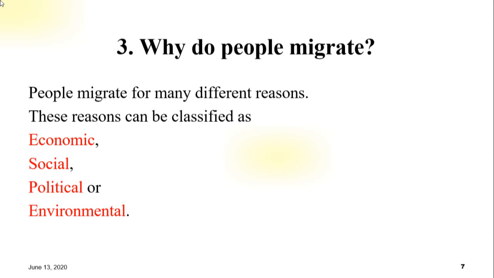The reasons that can make people migrate can be classified as economic, social, political, and environmental. In the next slide you will see the explanation one by one, from economic, social, political, until environmental.